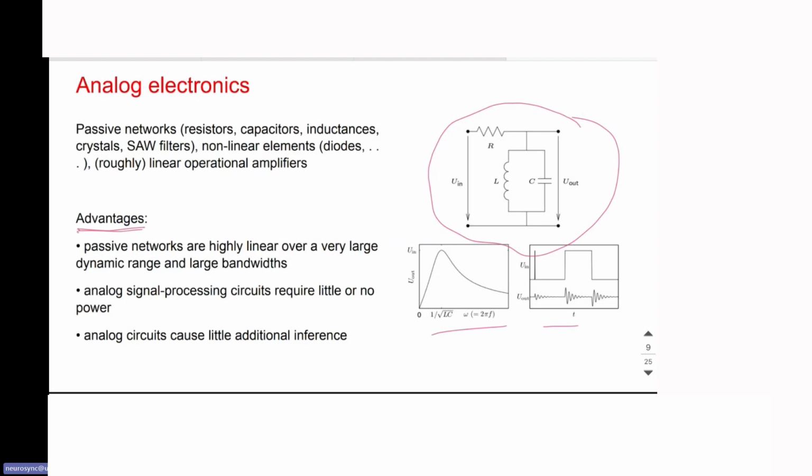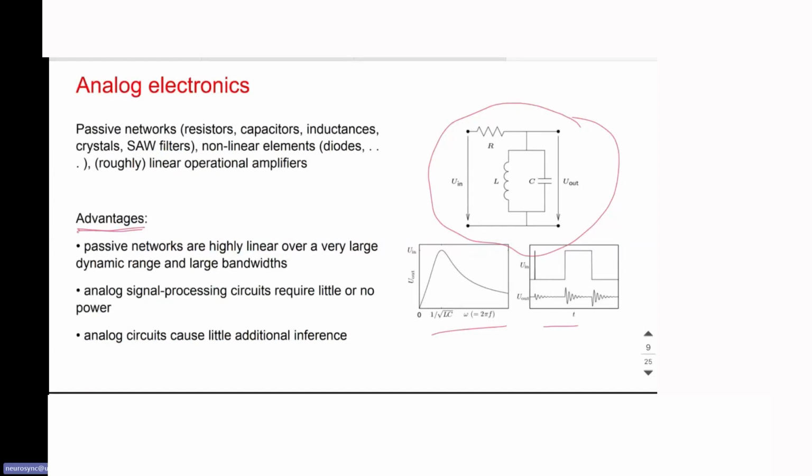In analog electronics, we use passive networks. A passive network means what? We have a combination of resistor, capacitor, inductance. These are the passive elements, energy storing elements. There may be filters, and there may be some non-linear elements like diodes also.